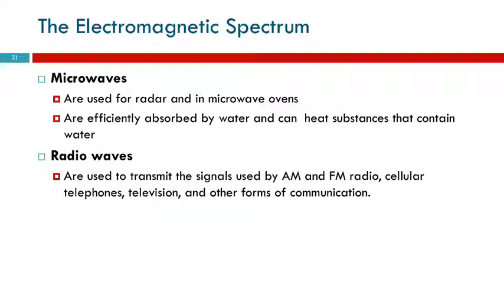So anything that you put in the microwave that has water in it will efficiently absorb the microwaves and become hot. If this thing that you stick in there has very little water or no water at all, then it's not going to warm up well at all. Radio waves, that's your AM, FM radio signals, your cell phone signal, television, other sorts of communication.